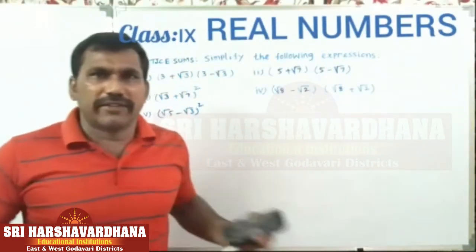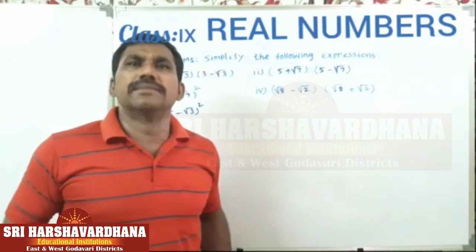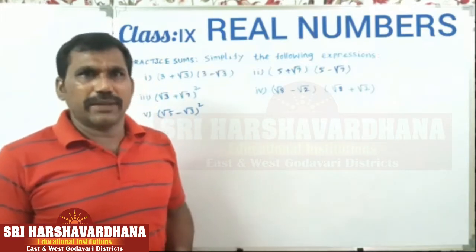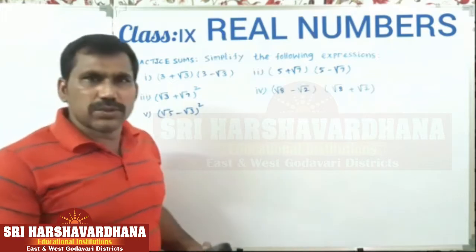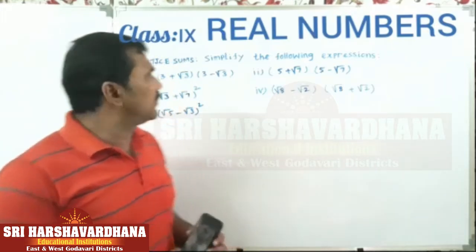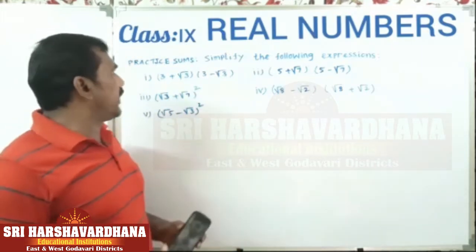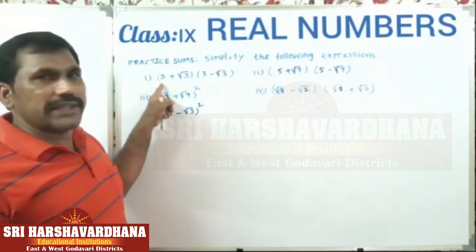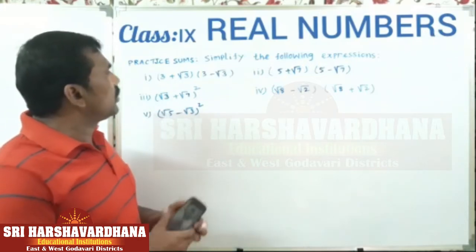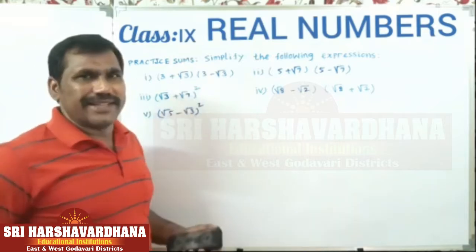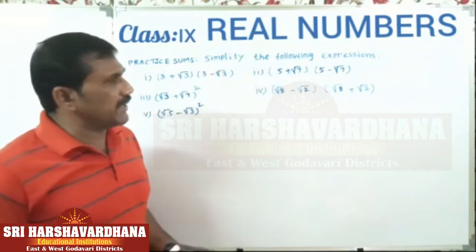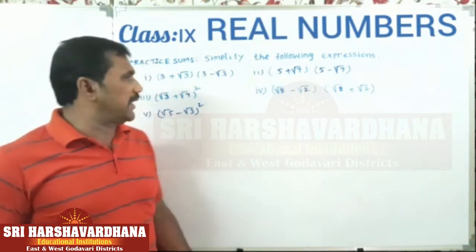Children, now I will give you some practice sums for homework. Okay? These sums are similar to example 15. Simplify the following expressions. First one, (3 plus root 3) into (3 minus root 3). Second one, (5 plus root 7) into (5 minus root 7).